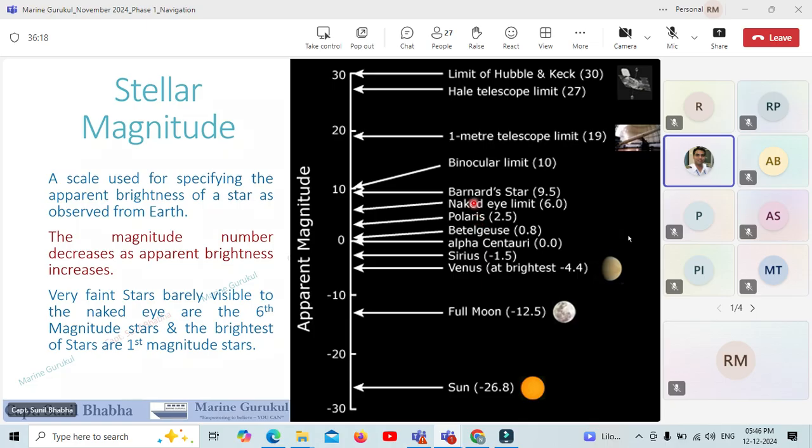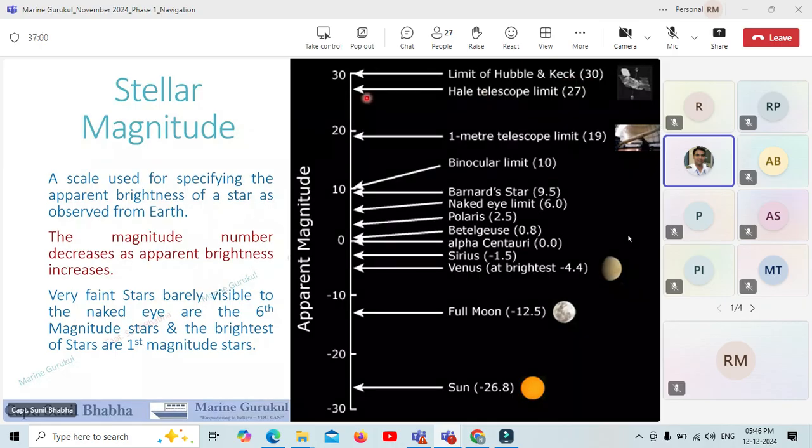Now, if you go a little further, if you use binoculars to observe the sky, you would be able to see the stars having a stellar magnitude up to 10. If you have a 1 meter telescope, it can help you to see the stars up to a stellar magnitude of 19. Then another important telescope, the Hale telescope, can see objects having a stellar magnitude of 27. And the most powerful telescopes which we have, the Hubble telescope and the Keck telescope, can help you to see celestial objects with a stellar magnitude number of 30.